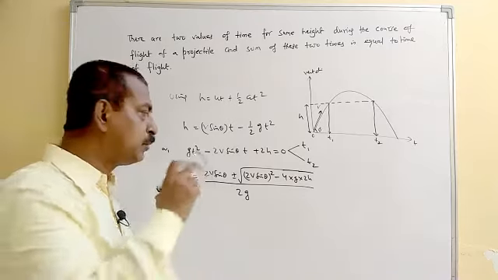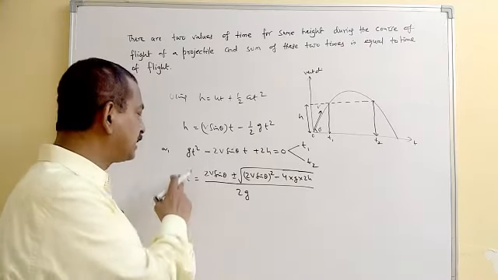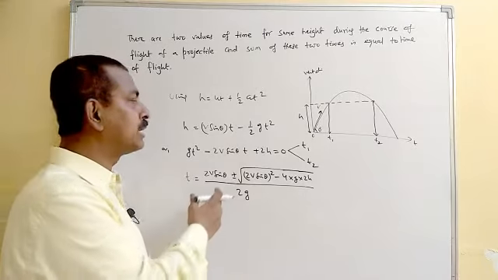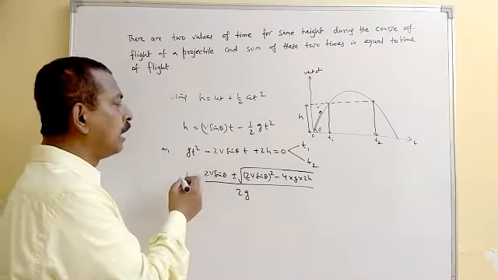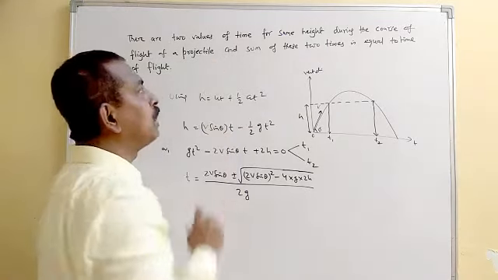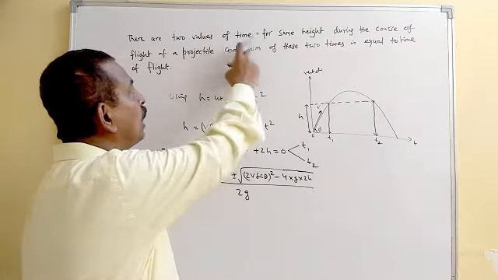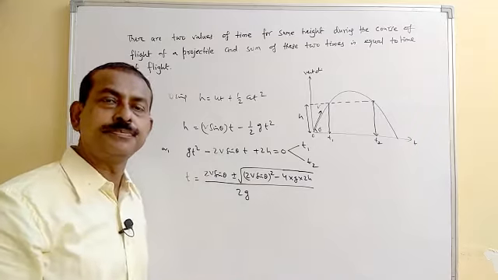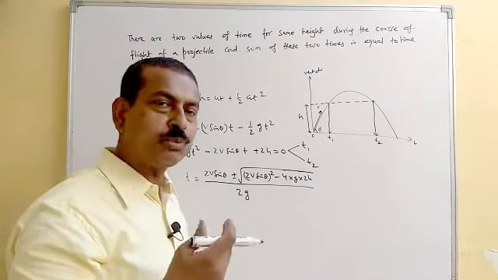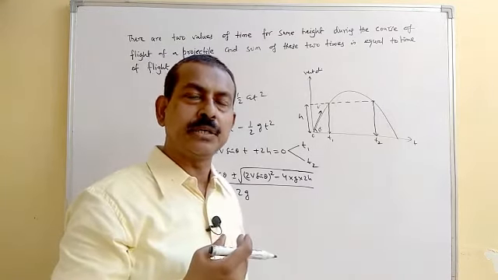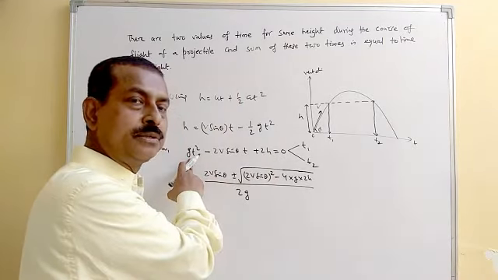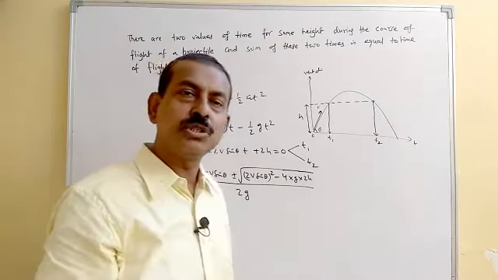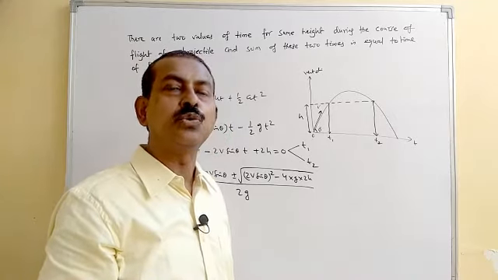And if you now take the sum of that t1 and t2, you will get the time of flight value. But if you just go by the problem, it is saying that there are two values of time for same height. As you have shown that it is a quadratic equation in terms of h for time t, obviously there will be two solutions of t, and you will get the two values of time.